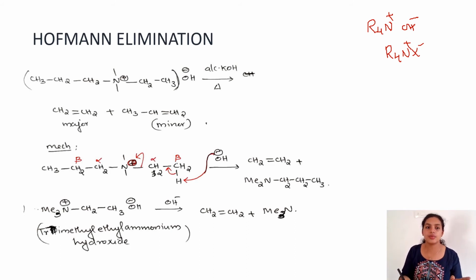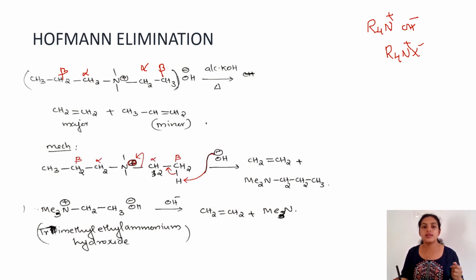So there are 2 beta positions, alpha, beta, alpha, beta. When the base approaches, it abstracts the proton from the least sterically hindered beta carbon. Here the ethyl group and propyl group are there, and in the case of the propyl group there is steric hindrance from 1 methyl group.